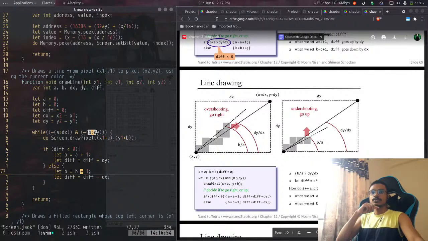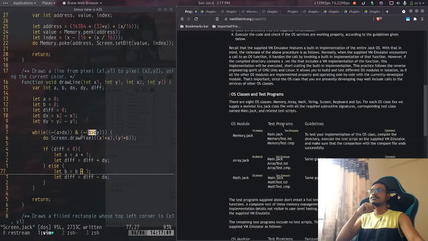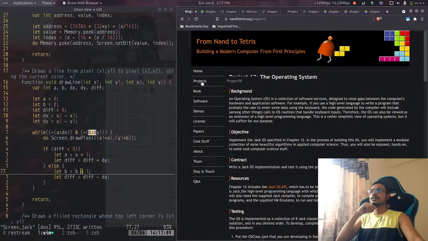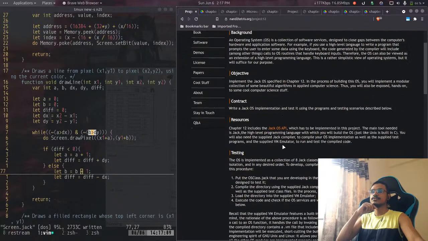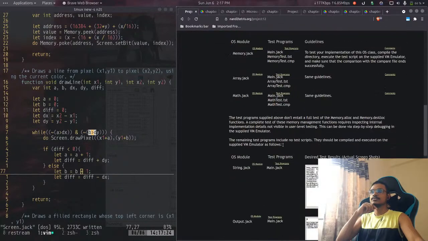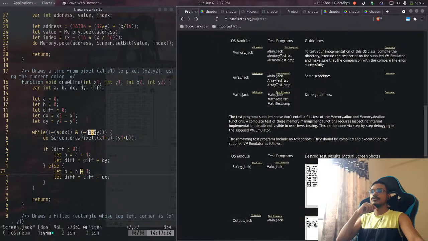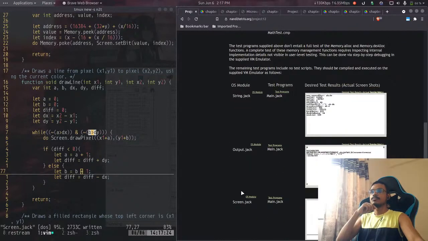Hey Alpha Q Mom, welcome to the stream. I'm doing this course, Nand2Tetris, and as a part of this course, we have to create an operating system. It's not a fancy operating system, just libraries like the memory and output modules.